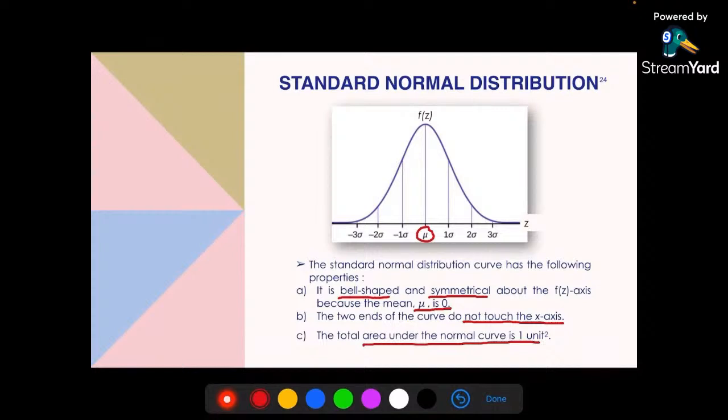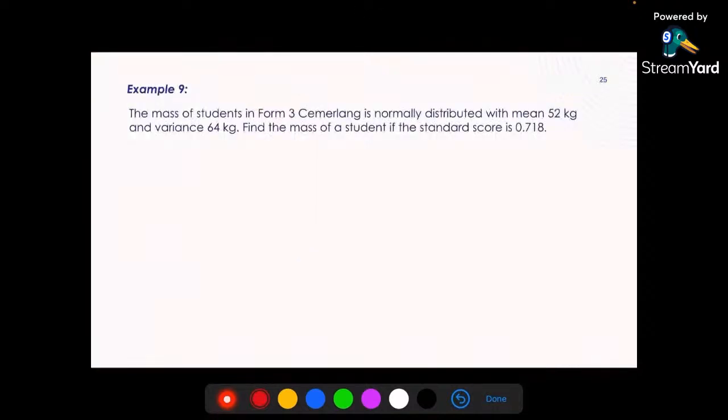Okay, pada soalan contoh, example 9. The mass of students in Form 3 Cemerlang is normally distributed with mean 52. Okay, senang je kita nak bezakan binomial dengan normal. Dalam normal tu memang ada ayat ni, normally distributed. So maksudnya ni memang kita guna normal punya benda lah. Kena ada graph dia, kena ada semua tu lah.